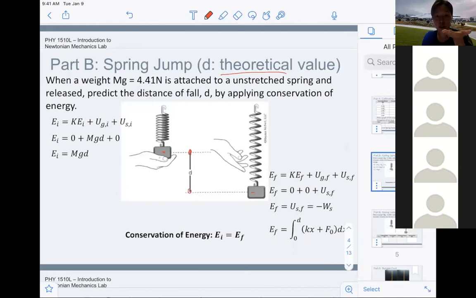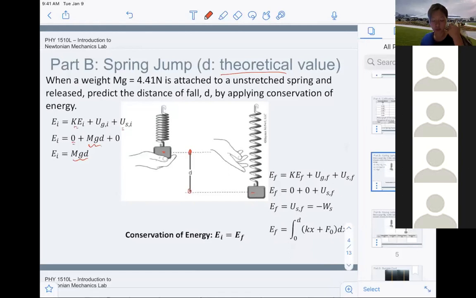So there is no potential energy from the spring, and the mass has zero velocity, so you have no kinetic energy. The only energy your system has is the gravitational potential energy. Now you're at a height d above the lowest point, right? So it's mgd that is your potential energy.